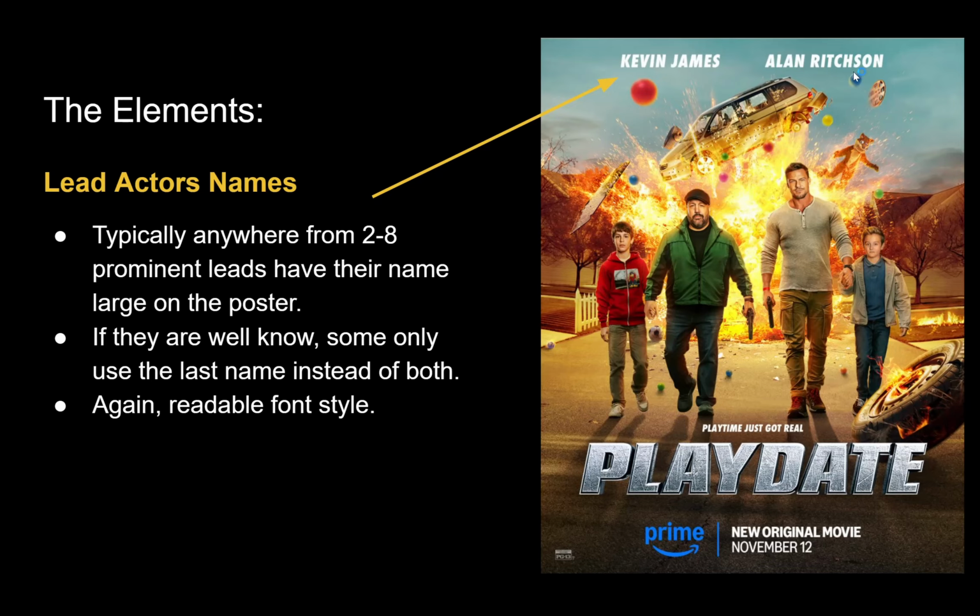Others might be so popular, like Cruise, that you don't have to use Tom in front of it, right? So sometimes they'll play with just the last names of the actors who are starring in the film. Again, readability is important. They are smaller than the title, sometimes smaller than the tagline.